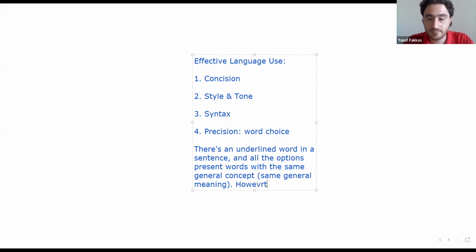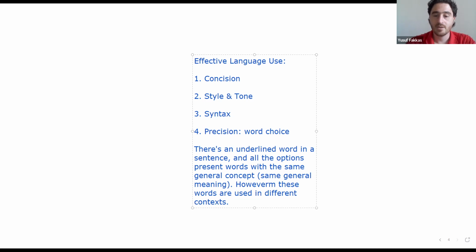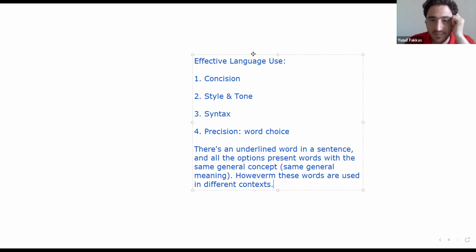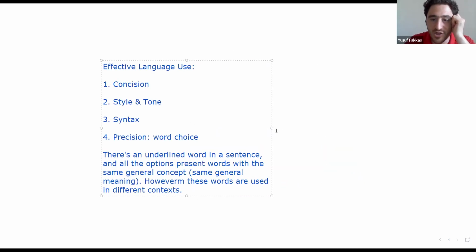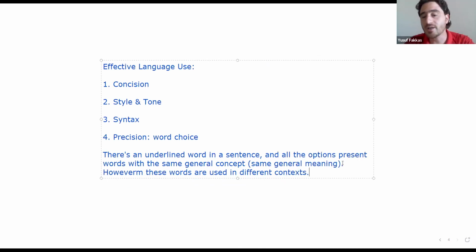However, these words are used in different contexts. So I can give you 4 words, and these 4 words have the same general concept, but despite the fact they have the same general meaning, they are used in different contexts. So it's all about the context.